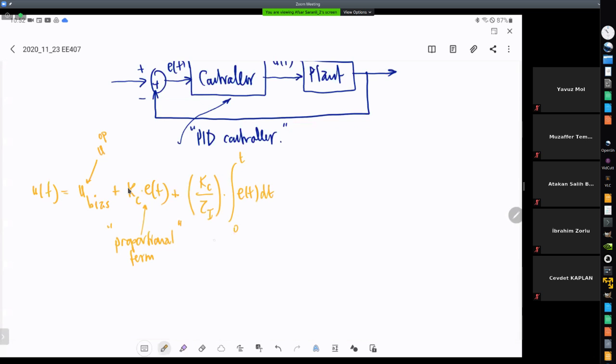That is called the integral term. And we also have a derivative term, Kc tau d times de of t over dt. And this is the so-called derivative term. Okay.